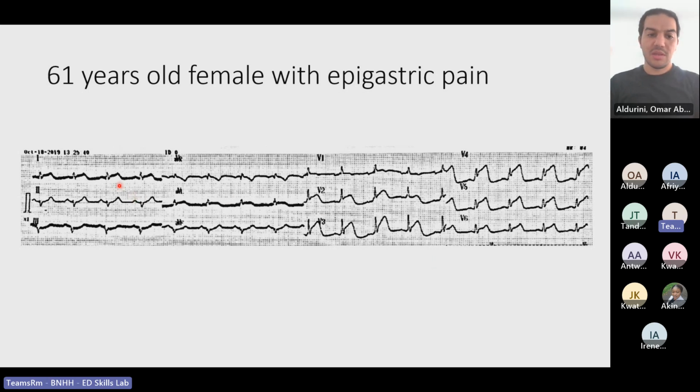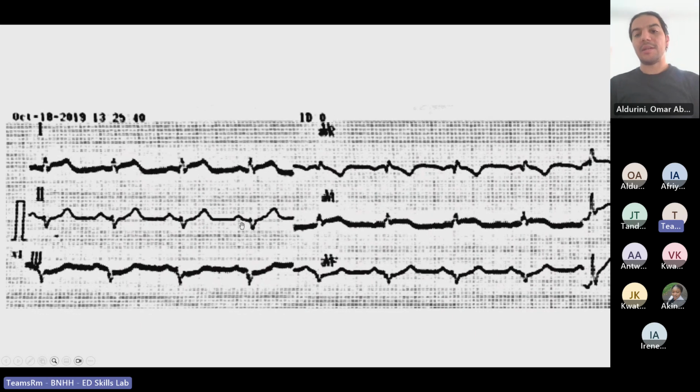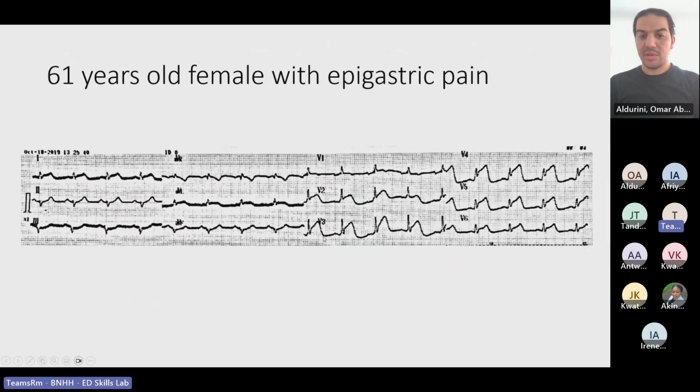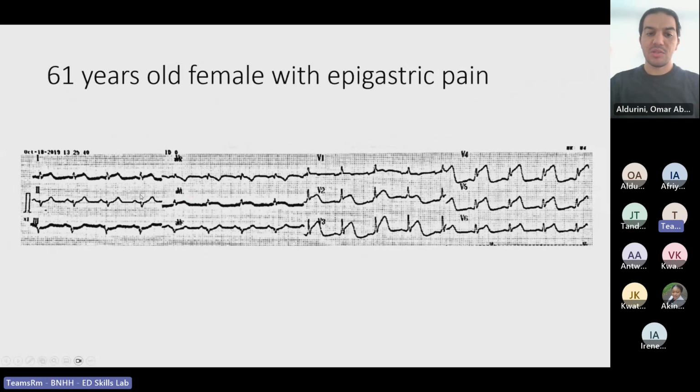But if I take your attention to the limb leads, we can notice that in all of the ECG, the amplitude of the QRS complex of the waves is very small. Okay, but this means if there is any change, like the one you can see here, this is the baseline.